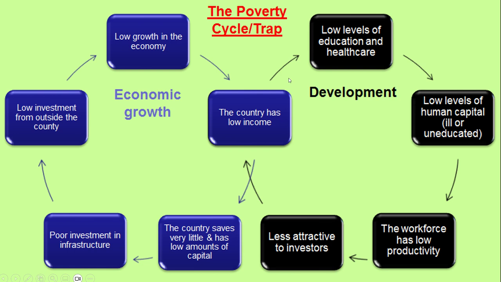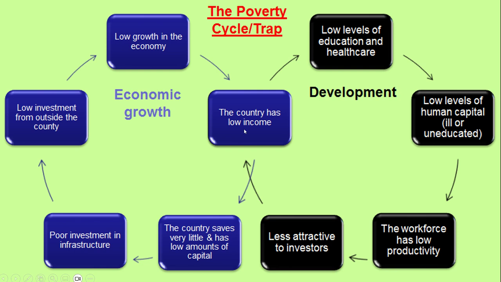Let's say we have tourism, which increases the income that a country has. Or let's say we have debt relief, where major countries like the UK forgive countries of the debts they owe, so they have more money to spend in infrastructure, therefore creating a positive multiplier effect out of this poverty cycle trap.